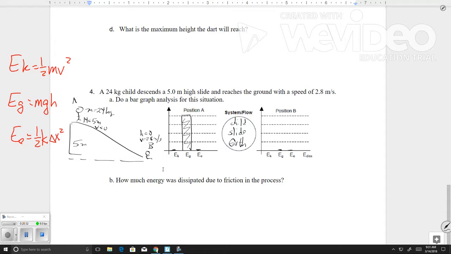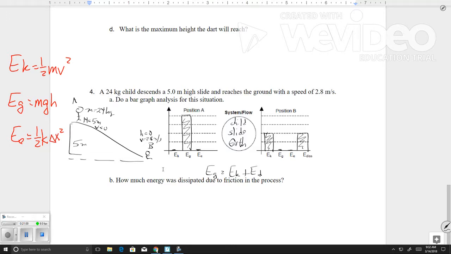The child fell from 5 meters, so they're going pretty fast, but not nearly as fast as free falling. These quantities might not be exactly correct. But our equation is going to be EG equals EK plus ED.